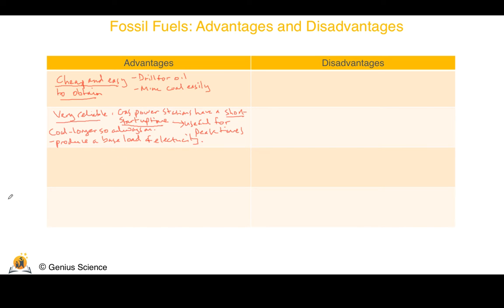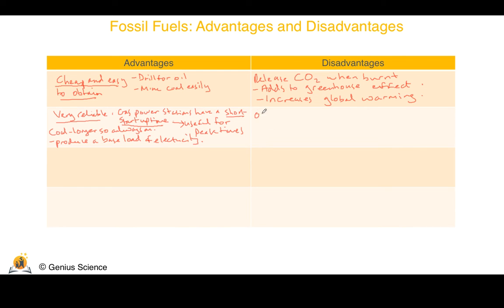There are also disadvantages to using fossil fuels. For example, they release carbon dioxide when burnt. This adds to the greenhouse effect, which increases global warming.